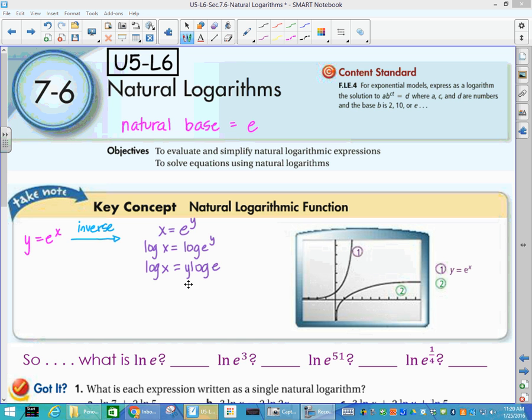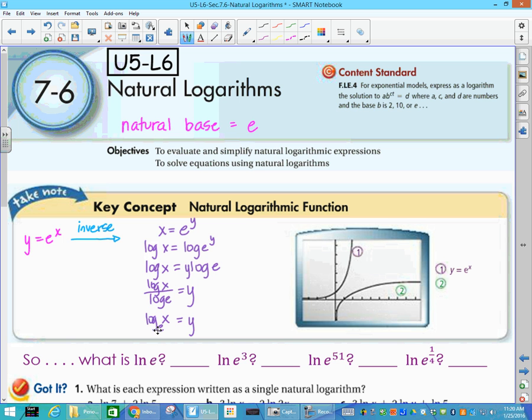And then y'all tell me that you divide by the log of e, so that gives us log of x over log of e. And then I wrote this down to see how many of y'all could tell me if I could write that as log base e of x, then you hopefully can see that that's an example of our change of base rule.